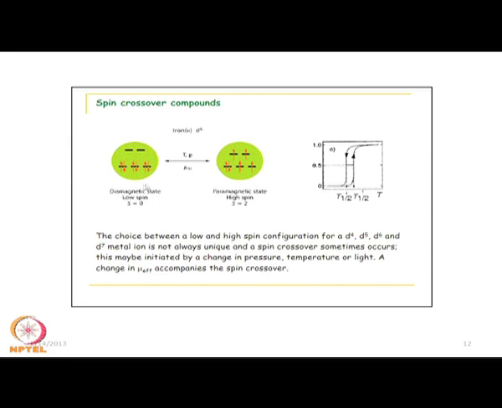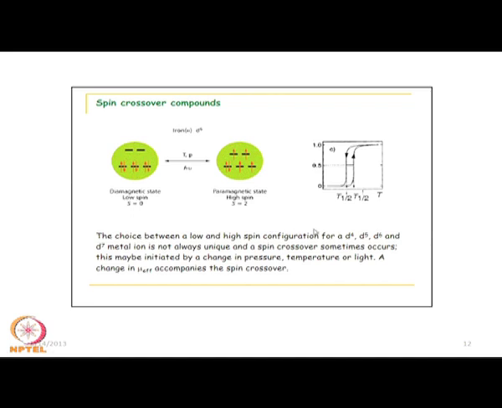So, we go from a diamagnetic situation to a paramagnetic situation, and when we study the magnetic properties of coordination compounds, we will come back to this aspect. When measuring the mu effective value and there is an effect of temperature, we should be very careful whether we are dealing with spin crossover compounds or something else, that means some antiferromagnetic or ferromagnetic interaction taking place between two electrons occupying two different magnetic orbitals.